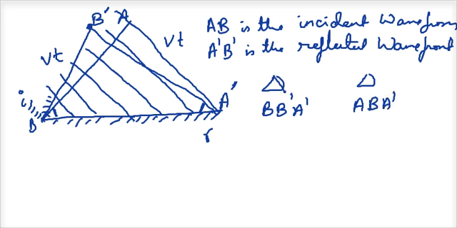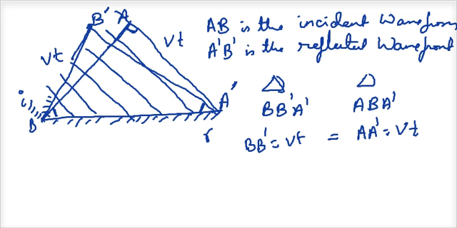In triangle B, B dashed, A dashed, B B dashed is equal to Vt, which is equal to A A dashed, which is also equal to Vt. Now this angle here is 90 degrees. The angle between the wave and the wavefront is 90 degrees.